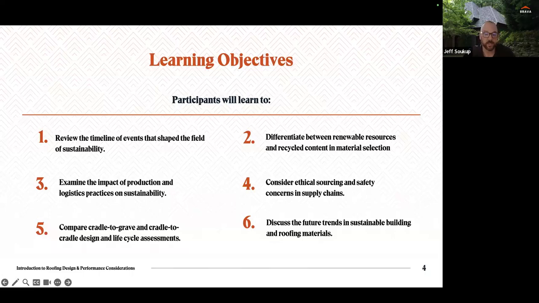We'll review ethical sourcing and supply chain concerns, and product and material cycle design, life cycle design and assessments. Finally, we'll look at some real world examples, mostly in roofing, but these are all going to be applicable to sustainable design practice.